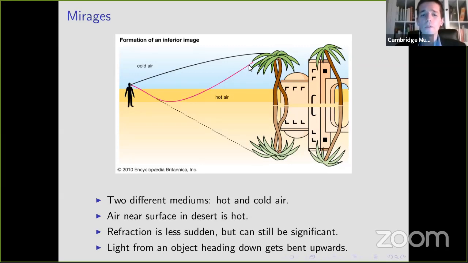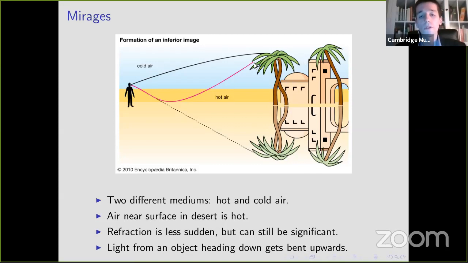And so what one sees is, if one looks at a palm tree, one would be able to see it because light is coming from the leaf or the whole tree or the building next to it.